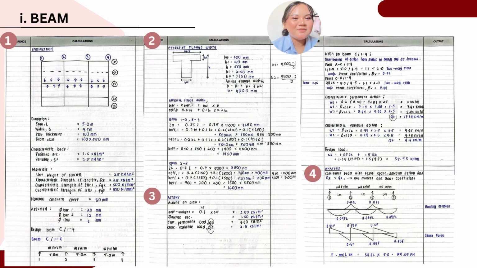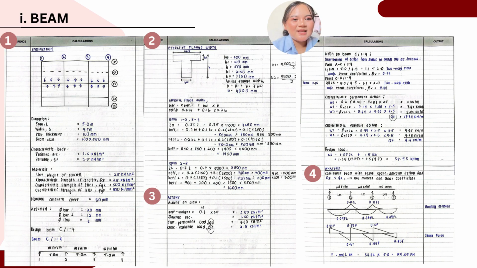First, we need to determine the actions on the slab and how they transfer to our beam. Since the Ly divided by Lx ratio is less than 2.0, the slab acts as a two-way spanning slab. Using the coefficients from Table 3.15, we distribute the permanent and variable actions from the slab to the beam, resulting in a total design load of 38.93 kN per m.